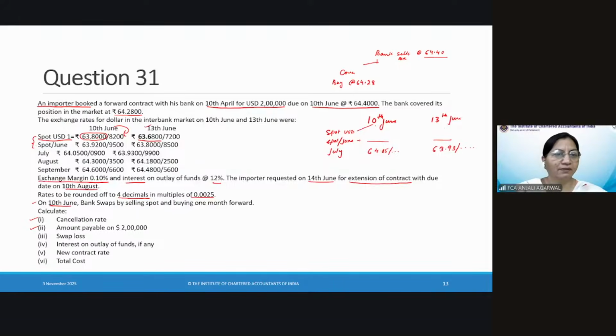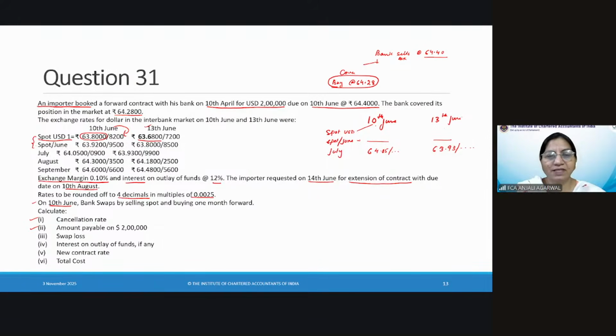The significance of 10th June will be this because the bank has covered itself in the interbank market by buying at 64.28. But the importer did not turn up to take that money on 10th June, whereas the bank had covered already, so it had bought at 64.28.